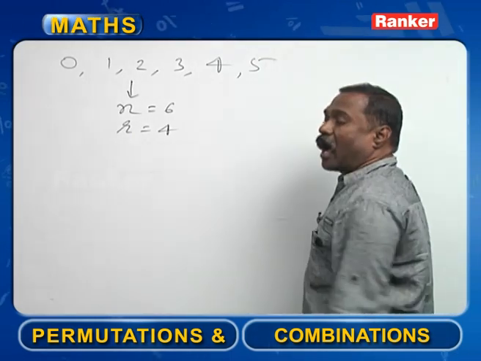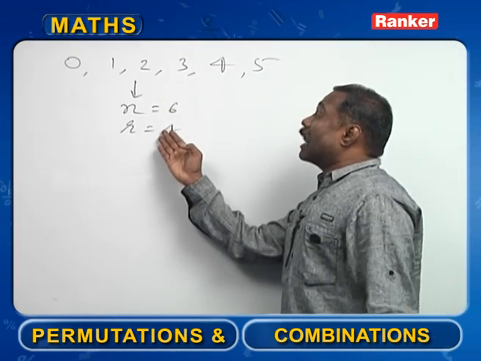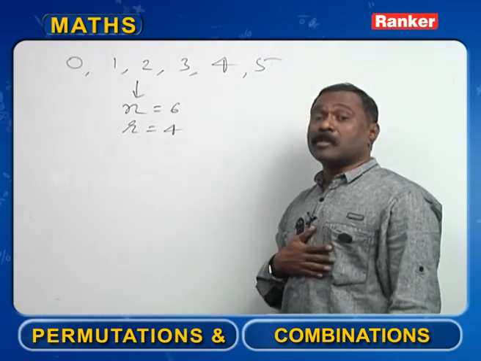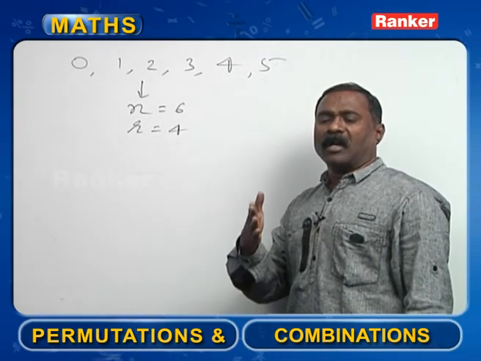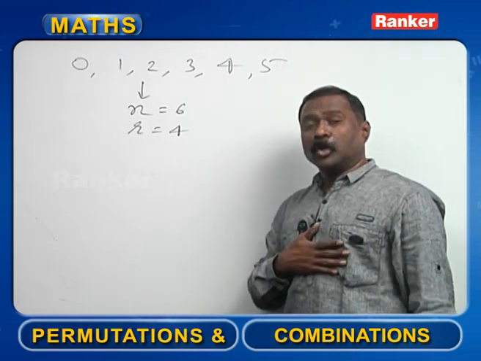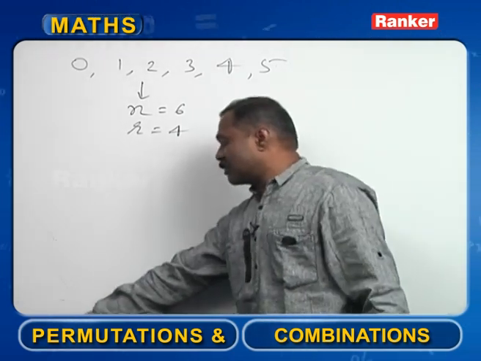Here n is 6, r is 4, if you take a 4-digit number, so you make use of that formula directly and you can find the sum of all the r-digit numbers formed by taking the given n digits. Okay, you can note down that formula. That is yesterday's class.